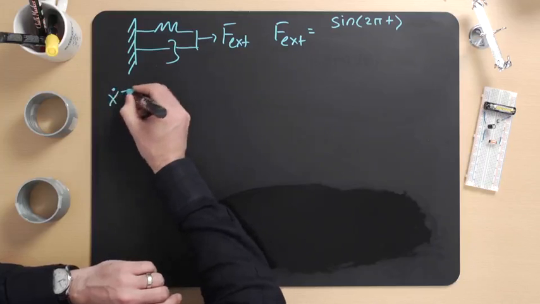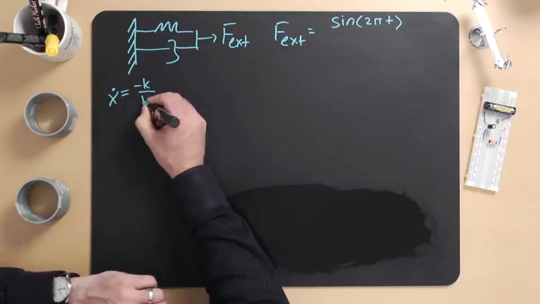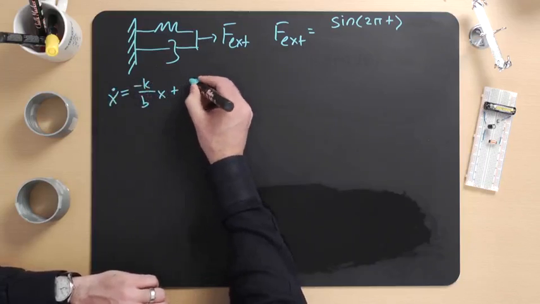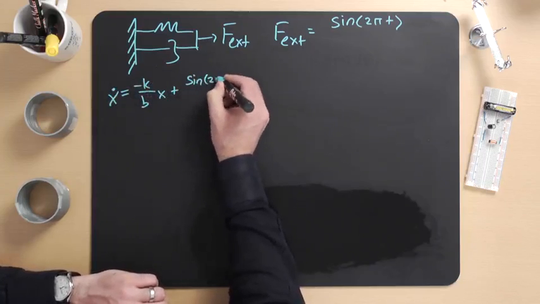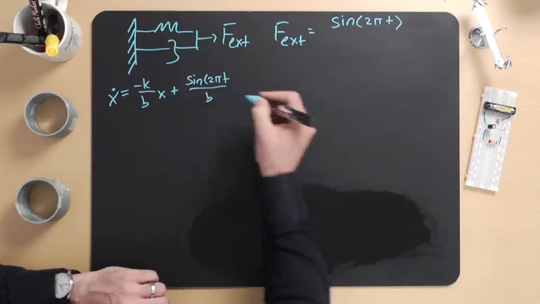This system has the ODE x dot is equal to minus k over b x plus sine of 2 pi t over b.